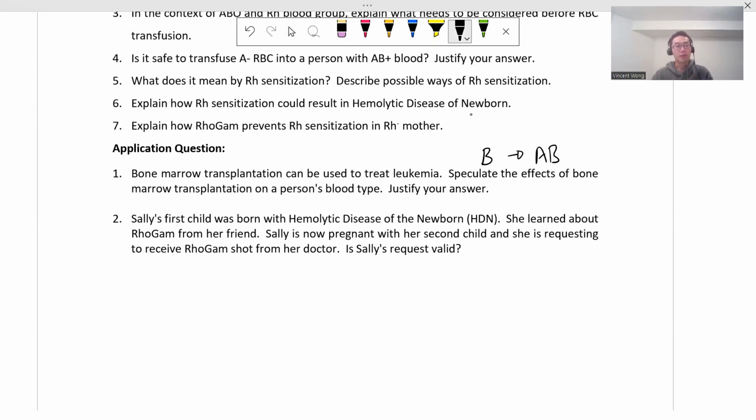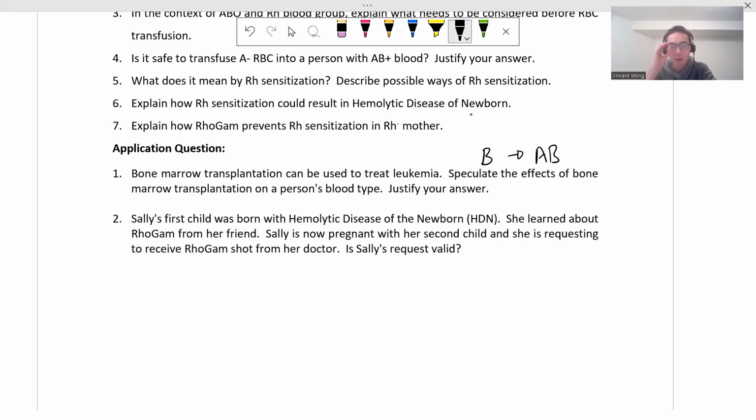If you do blood transfusion, then the cells are not gonna stay in the body indefinitely. And so, you will briefly have type B blood cells in your system, and then once they die off, you will go back to your normal AB blood type, right?